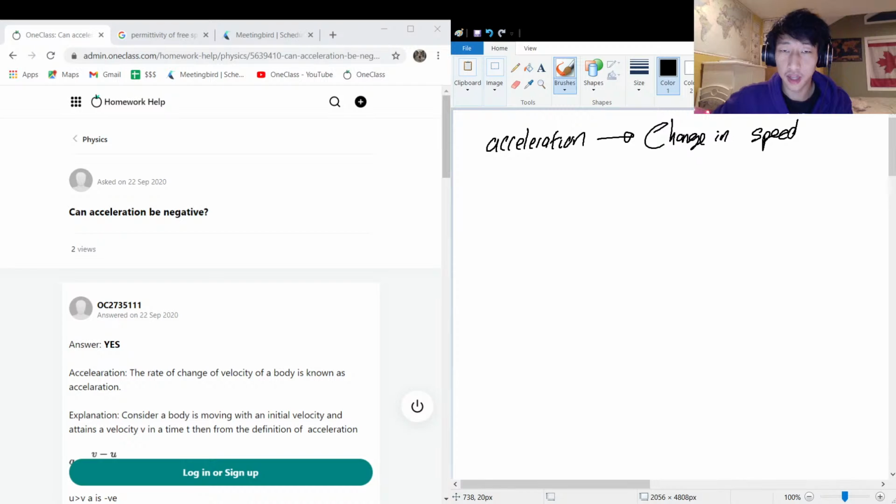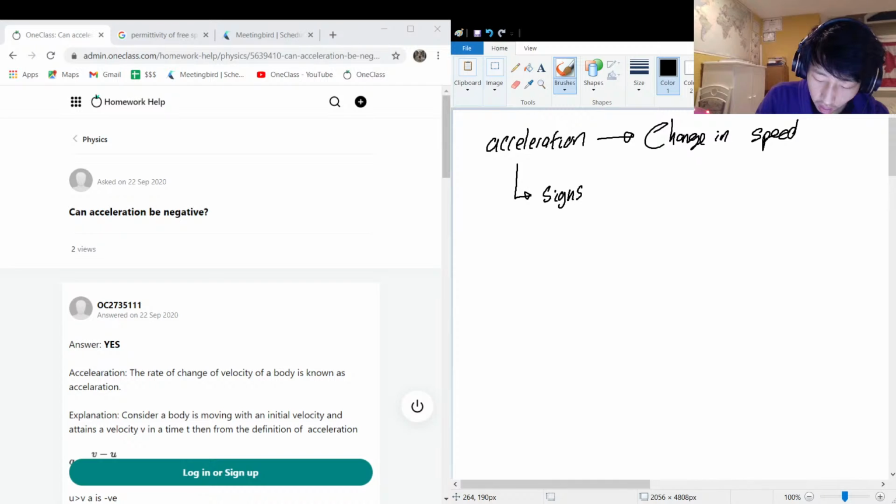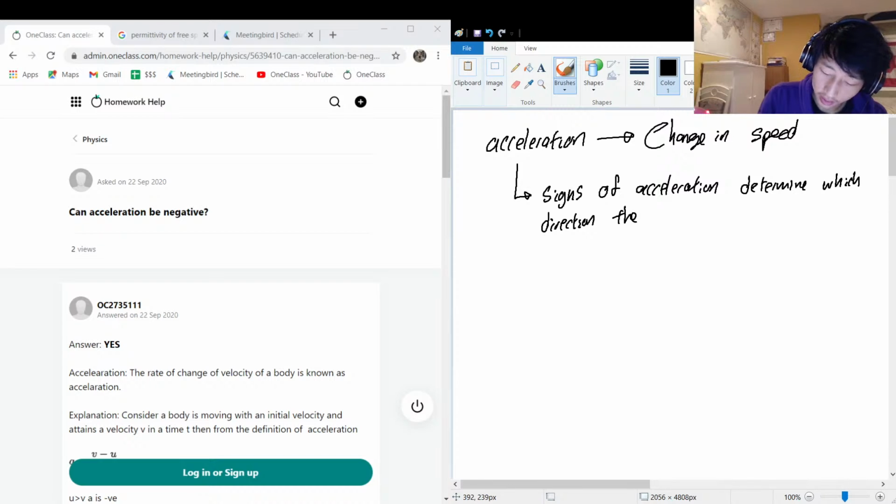The sign of acceleration determines which direction the speed is changing in.